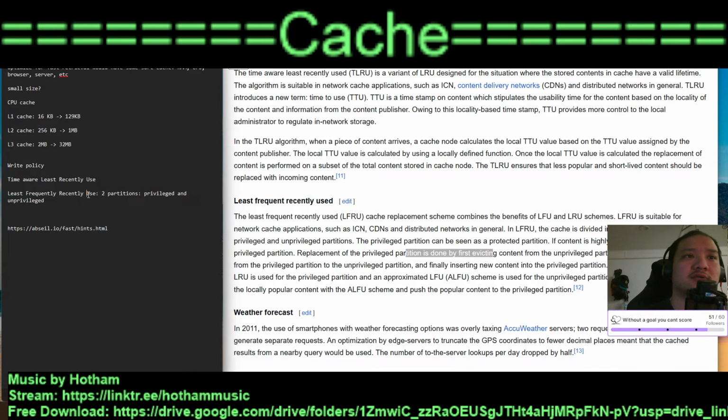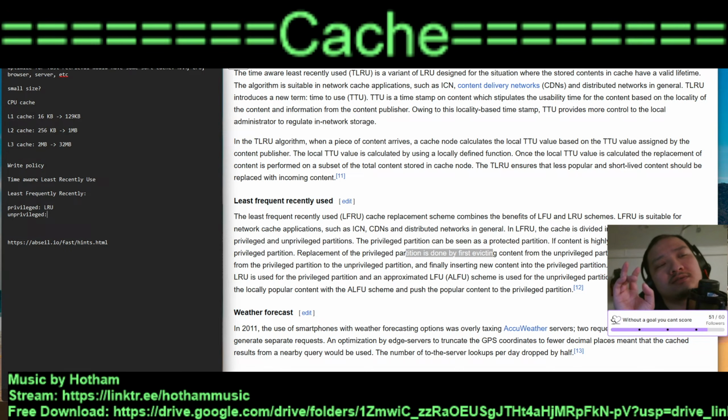So basically, you have two partitions. Privileged is least recently used.